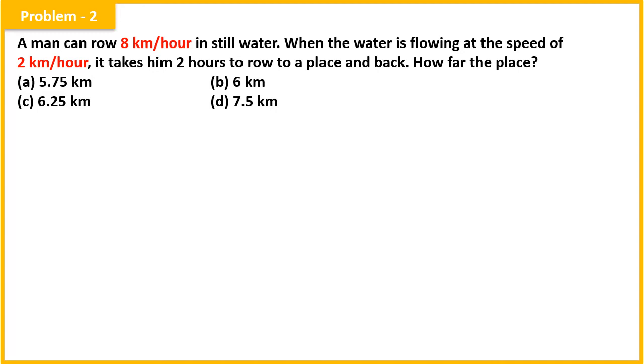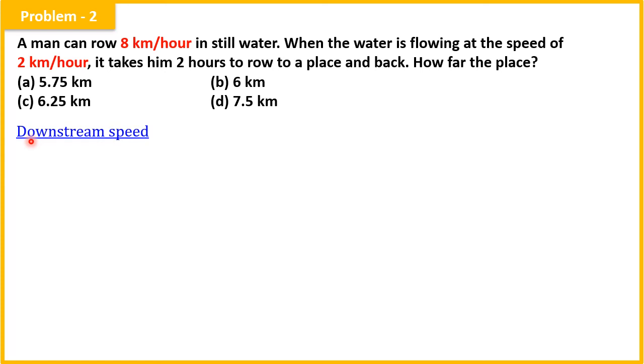Okay. What is given in this question? Speed of man in still water is 8 kilometer per hour. So I will consider B is equal to 8. And the flowing water speed is 2 kilometer per hour. So I will consider W is equal to 2. Can we find out downstream speed and upstream speed? Yes.